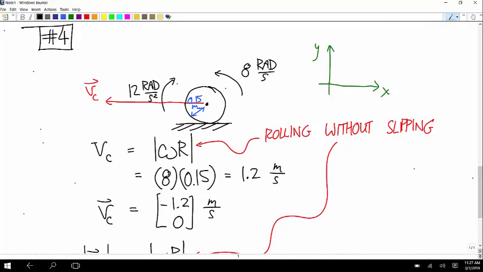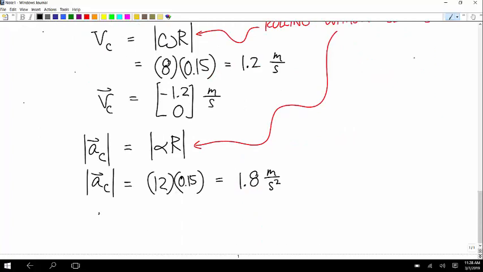And how do we know the direction of the acceleration of the center? Anybody? We know that it's slowing down. That's exactly it. Yep. And we know that the center of the wheel just moves parallel to the surface. So that's just going to be this. And so the acceleration of the center, not absolute value, is positive 1.80.